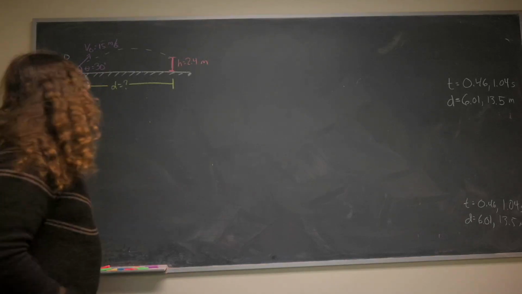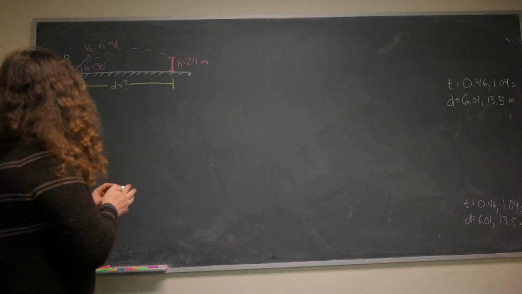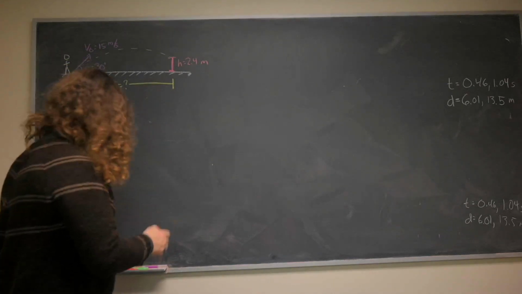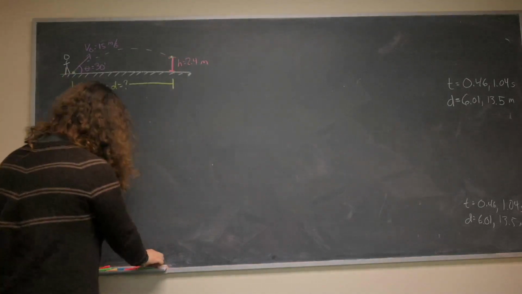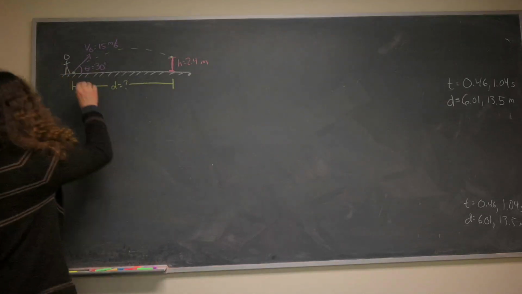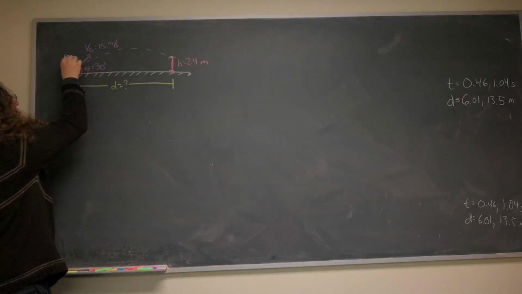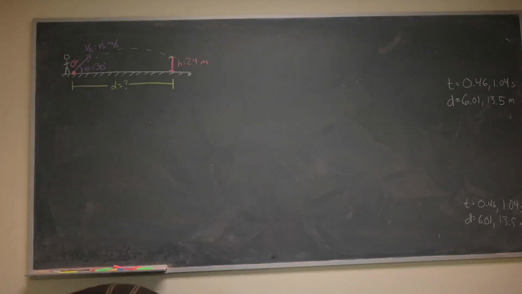So what are we going to do? Well, we're going to write down position in x and y as a function of time, and see what distance puts the ball at this point. So let's go about our normal procedure. I'm going to pick the origin to be the location where the ball starts, its initial velocity.